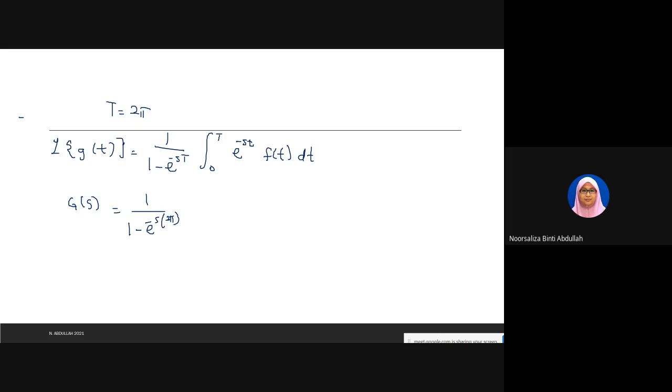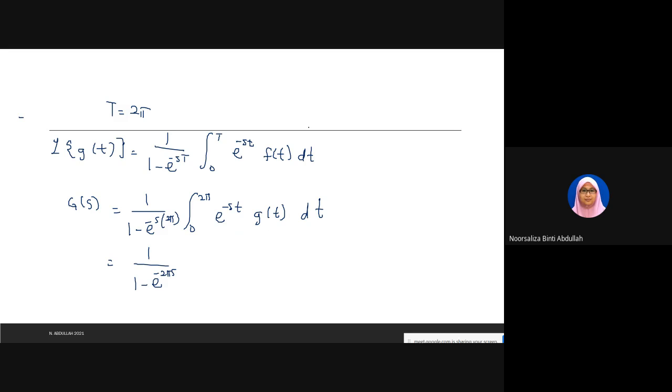And then you integrate between 0 to 2 pi, exponent minus ST, FT is GT, dt. So what is GT? Okay, so you have 1 over 1 minus exponent minus 2 pi s.